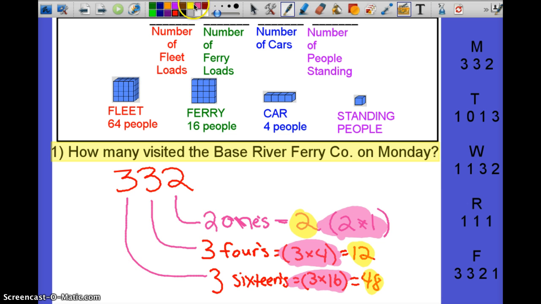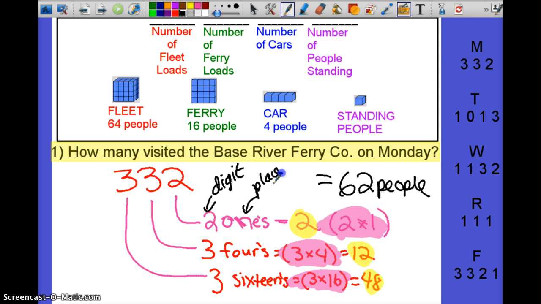To find the base 10 value of how many people traveled on Monday, you would add 2, 12, and 48 and get 62 people. So students are now seeing the digit, this is actually the place value, and this is the value, and making that connection to what they've already learned in base 10.